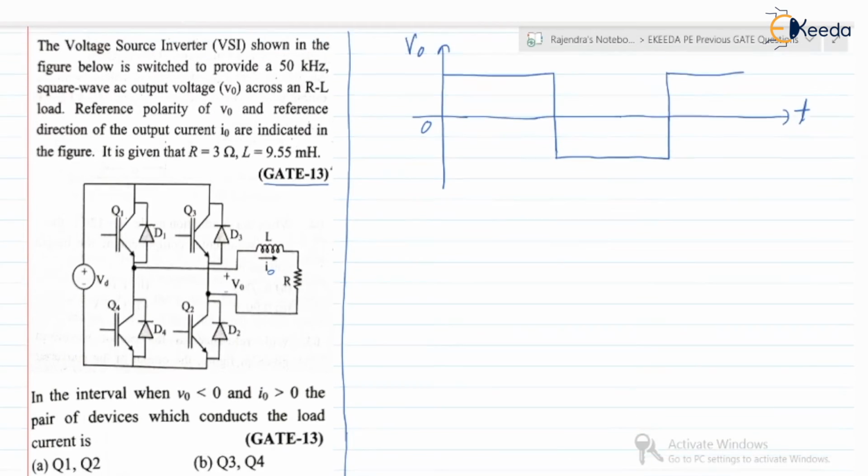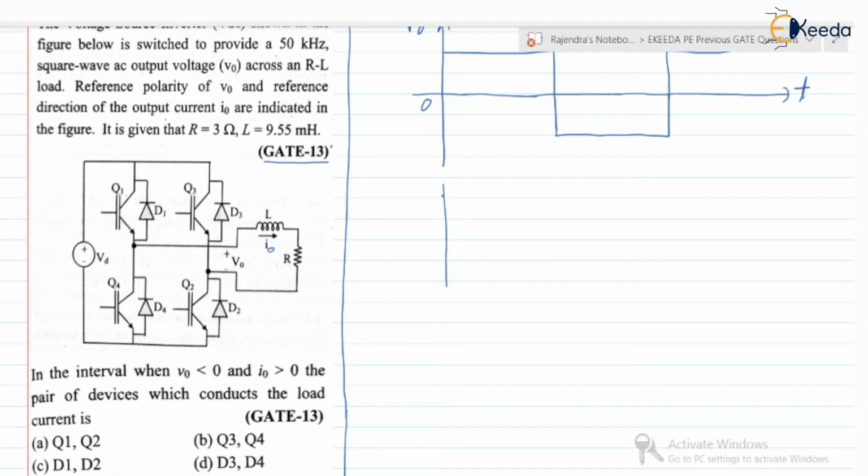Next, the I0 waveform. So the I0 waveform will be like this.